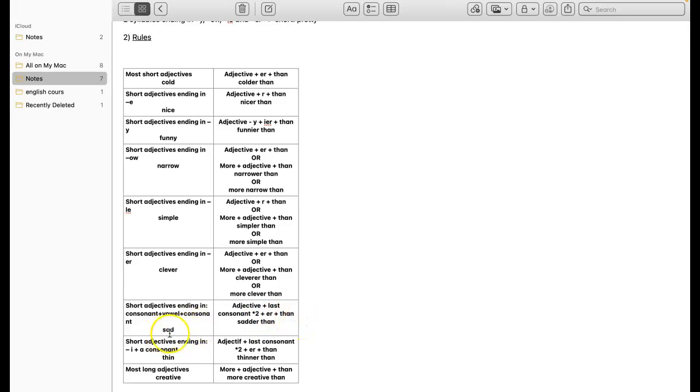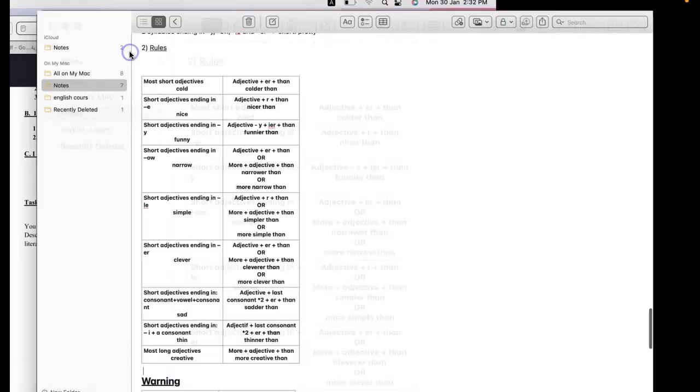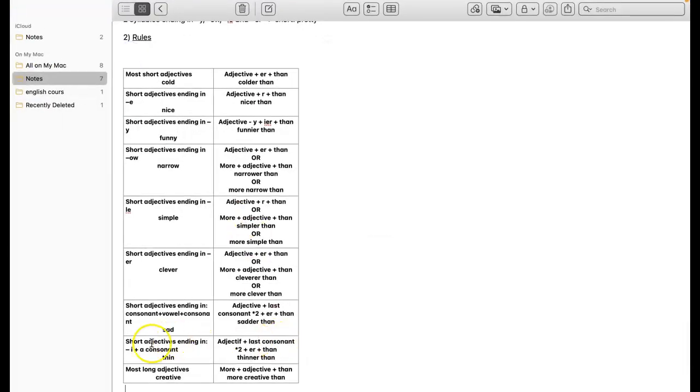And here it becomes sadder than. For short adjectives ending in a vowel plus a consonant, for example, thin, we take the adjective plus the last consonant twice plus er plus than. And here it becomes thinner than.